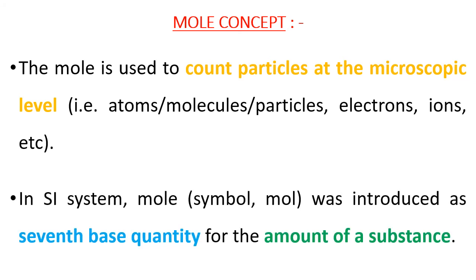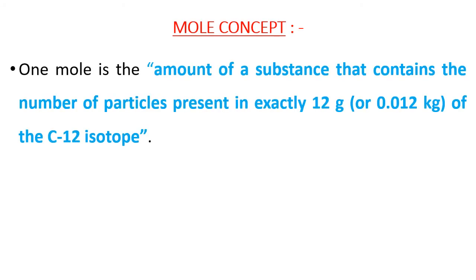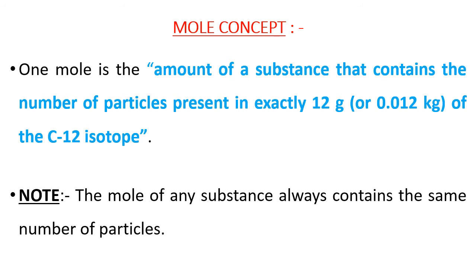In the SI system, the mole was introduced as the seventh base quantity for the amount of a substance. 1 mole is the amount of a substance that contains the number of particles present in exactly 12 gram of carbon-12 isotope. Note, the mole of any substance always contains the same number of particles.